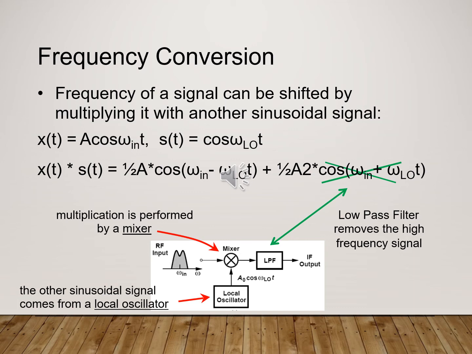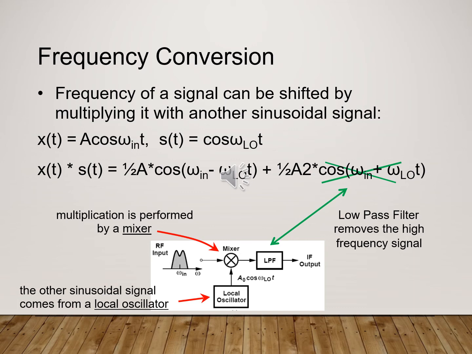Frequency conversion devices in electronics are equivalent to what we call a mixer, and the mixer is equivalent to a multiplier plus filtering. The frequency of a signal can be shifted or translated by multiplying it with another sinusoid. As you look at the slide, you can see the model of a mixer with a low pass filter.